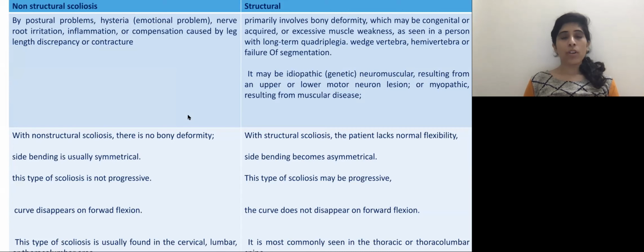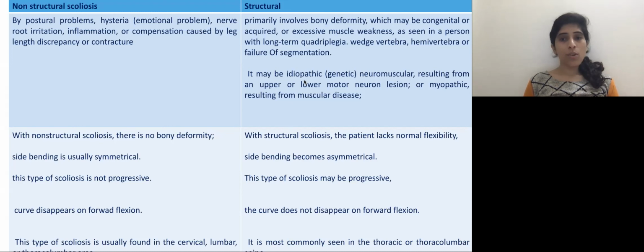The main causes for non-structural scoliosis are nerve root irritation, inflammation, limb length discrepancy, postural problems, emotional problems, etc. Whereas in the case of structural scoliosis, the primary involvement will be bony deformities, which may be congenital or acquired, or excessive muscle weakness after long term immobilization or a long term problem like quadriplegia, wedged vertebrae, hemivertebrae, etc. In non-structural scoliosis, there will be no bony deformities.